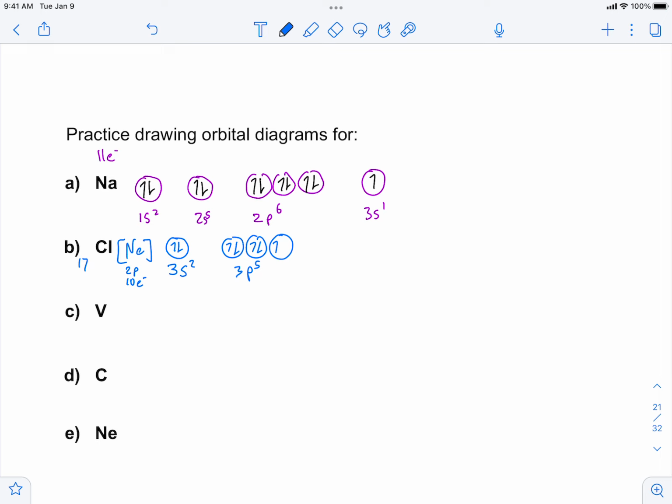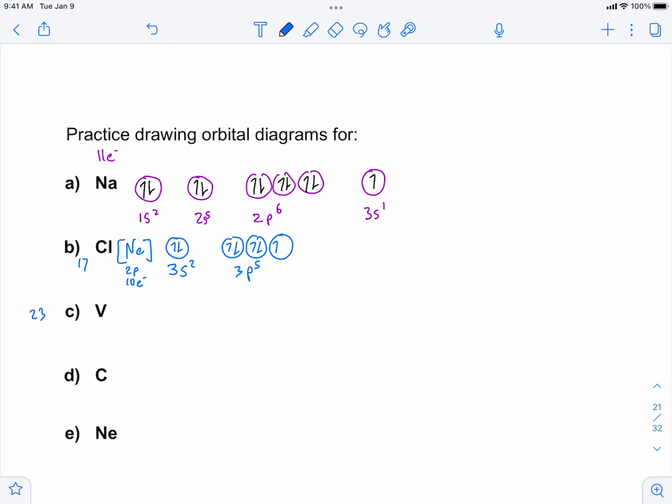Vanadium. Vanadium is 23. Okay. So let's do shorthand for vanadium as well.